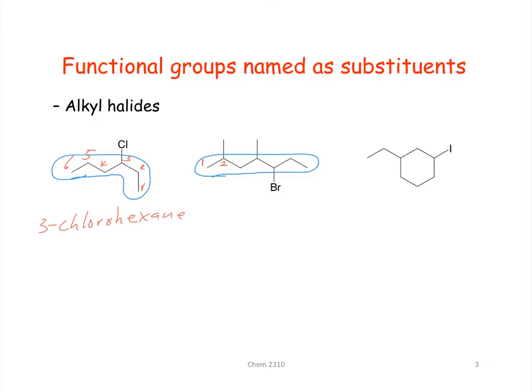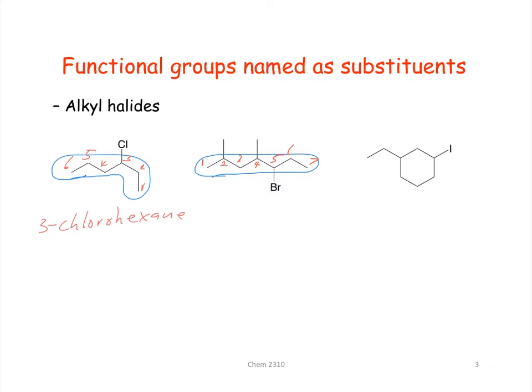If we numbered it from right to left, 1, 2, 3, the bromine would be at position 3, but bromine has no priority, so we just want the first group to get the lowest number. We can get it at position 2 if we number this way. So this is 3, 4, 5, 6, 7. So this is a heptane.